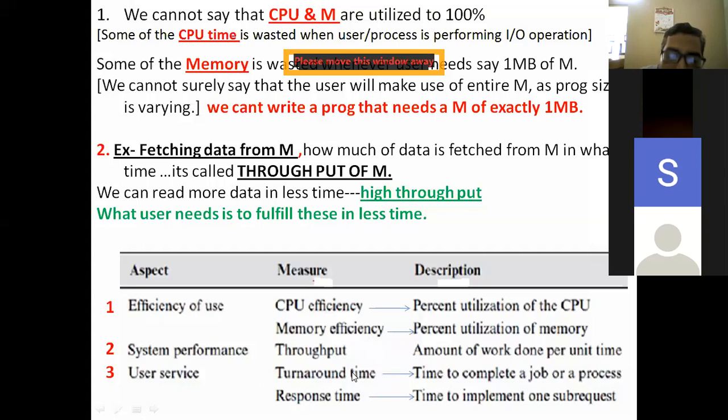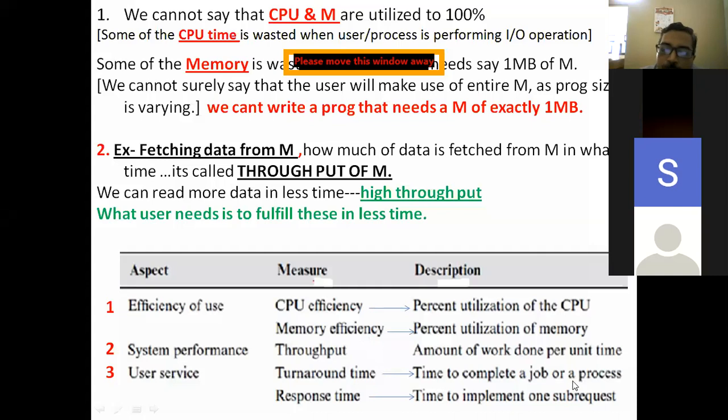It is the difference between the submission of a job to a CPU or processor and its completion. So we call it turnaround time. And response time is the time to implement one sub request.